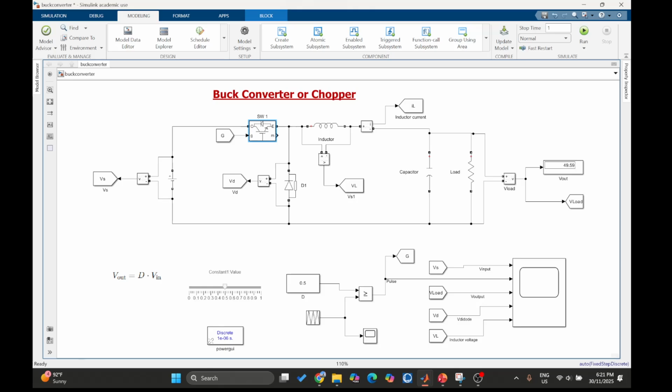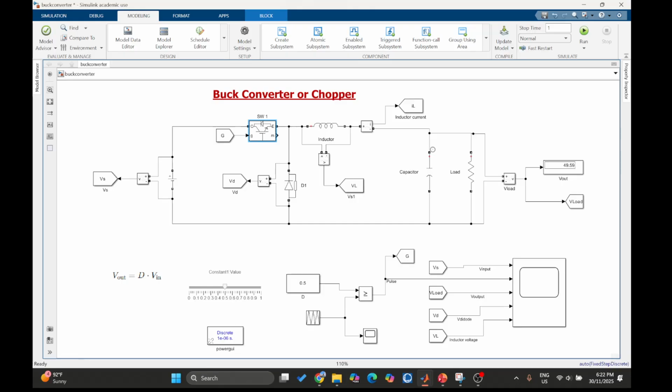Now, when the MOSFET is switched off, the capacitor already has stored energy, and the inductor also has stored energy.